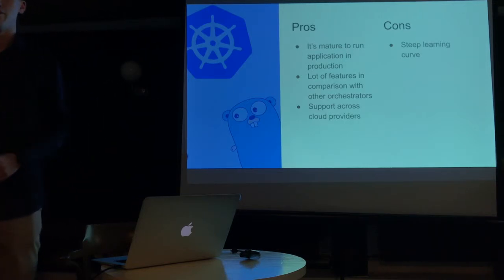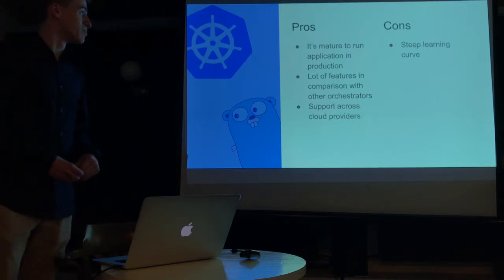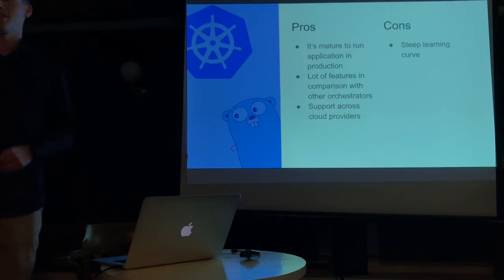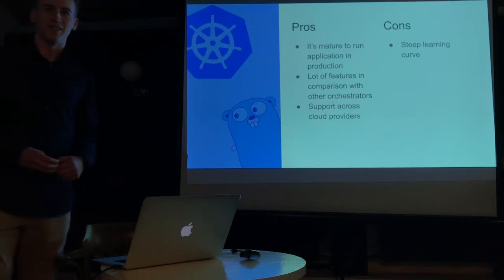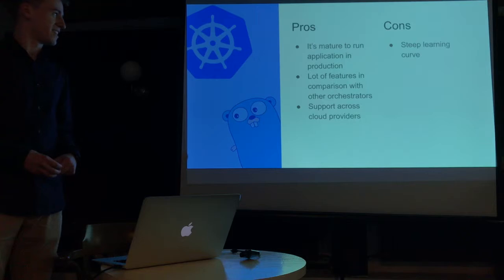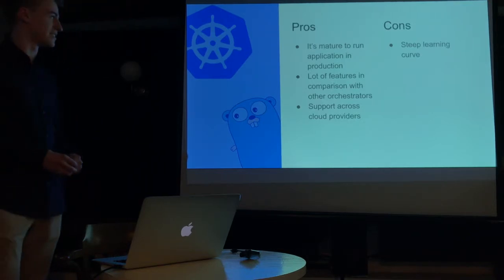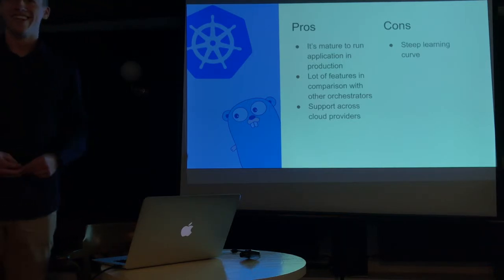In AWS, it's not so good. One big disadvantage of Kubernetes is that it has a very steep learning curve when you want to deploy something in Kubernetes. It takes a really long time. You must read a lot of documentation, but it's worth it.